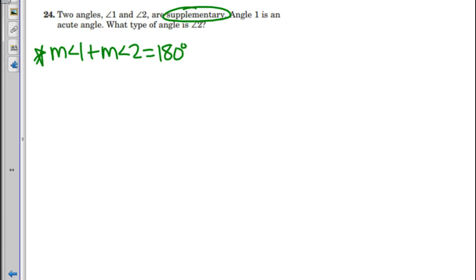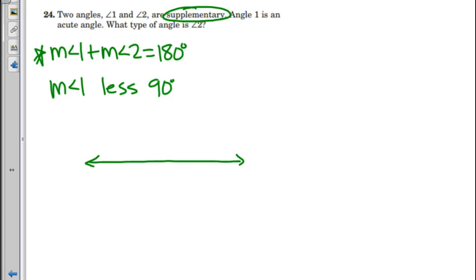Angle 1 is an acute angle, so I know the measure of angle 1 is less than 90 degrees. So what type of angle is angle 2? Let's just draw a little picture. Here's 90 degrees. Here's the measure of angle 1, somewhere less than 90 degrees. It can even be super close to that right angle. It doesn't matter.